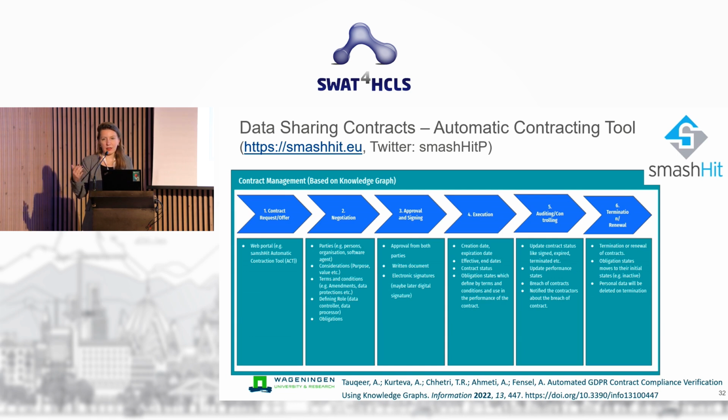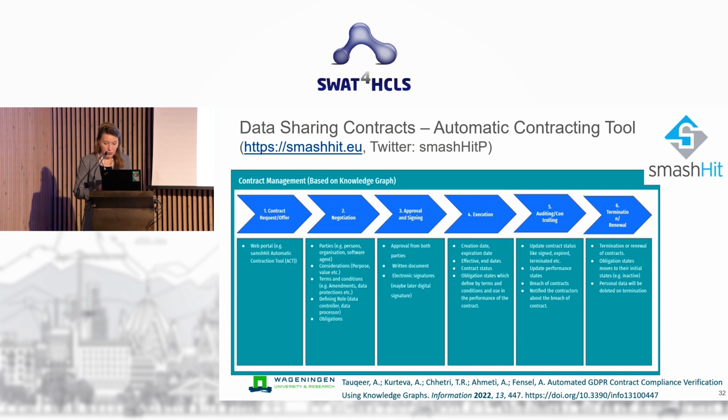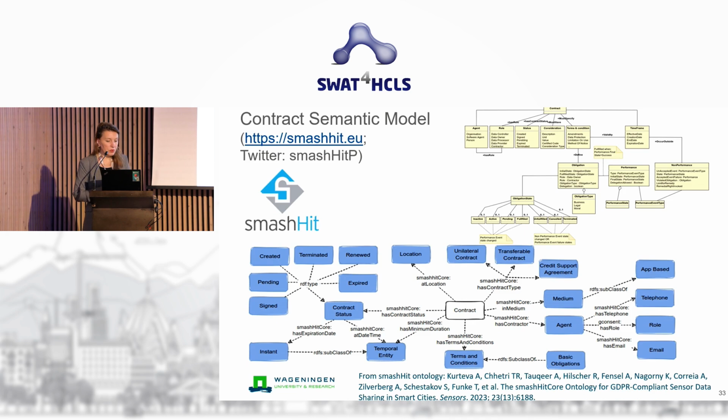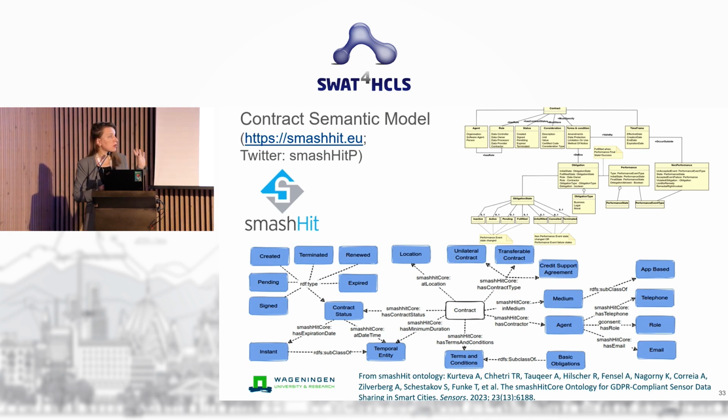And these are conditions. So I do it every 3 months, and this is the data quality, and these are the things I'm transferring. So this can all be specified, or if it's companies, maybe there is some payment involved and things like this. This is also something we have been doing, and these ontologies also exist.